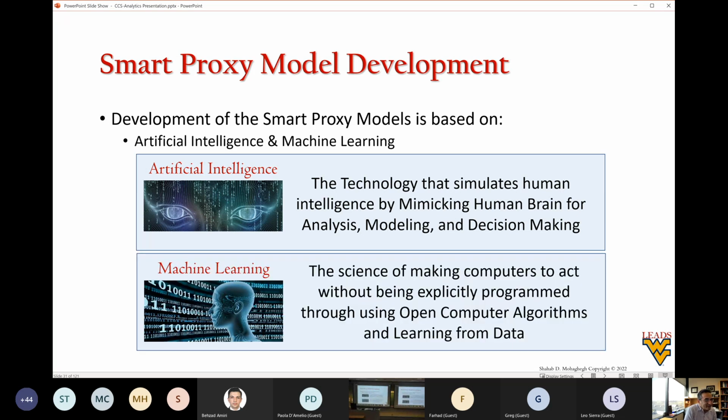What is machine learning? Machine learning makes AI possible through algorithms. What kind of algorithm is it? It's the science of making computers act without being explicitly programmed. What do I mean by that, folks? If you know, which I'm sure you do, what numerical simulation is, right?